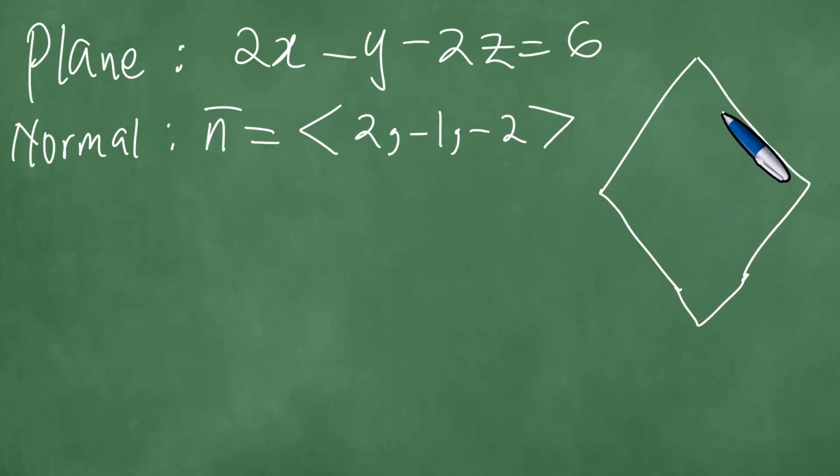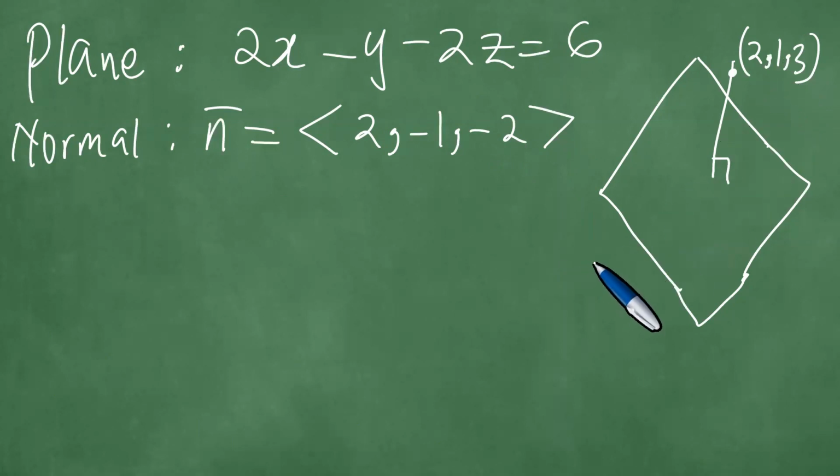If one has the plane and a vector that is perpendicular to the plane, which is normal to the plane, and now we have the point (2, 1, 3).